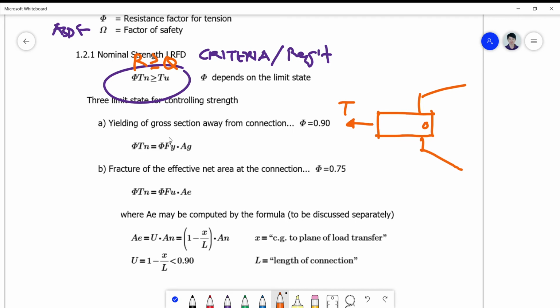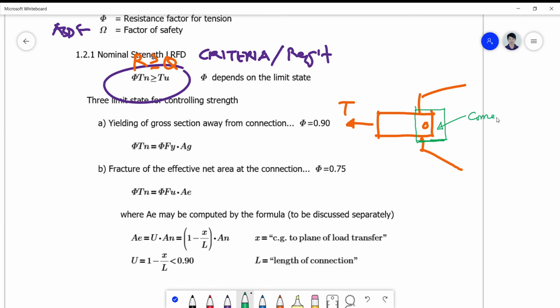When we talk of the yielding of the gross section, we focus our concern on the failure beyond the connection, away from the region in which your member is connected.